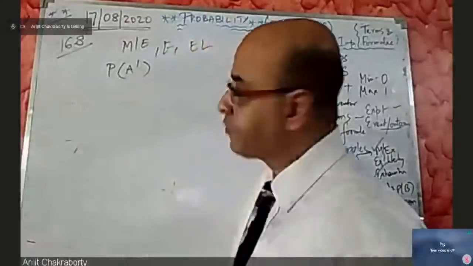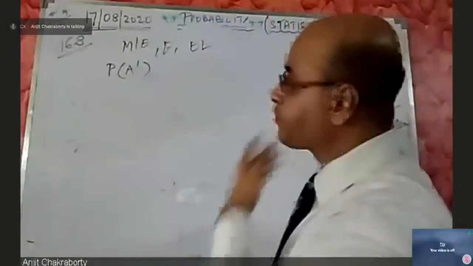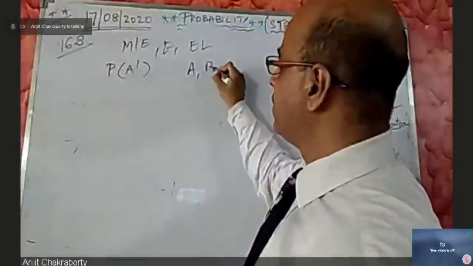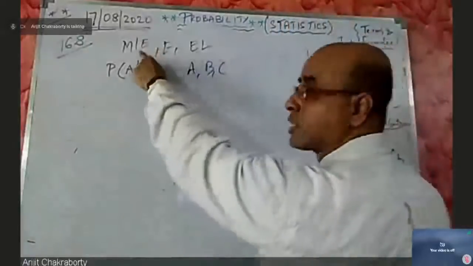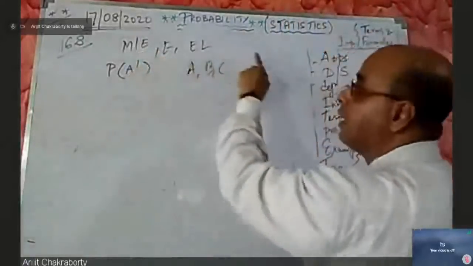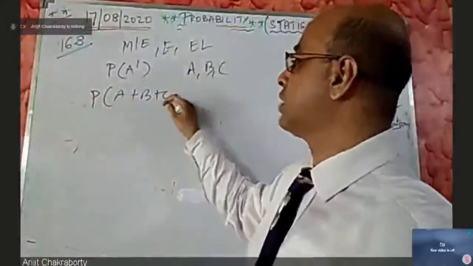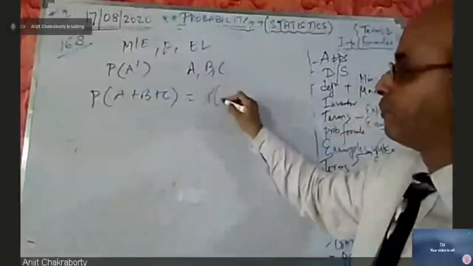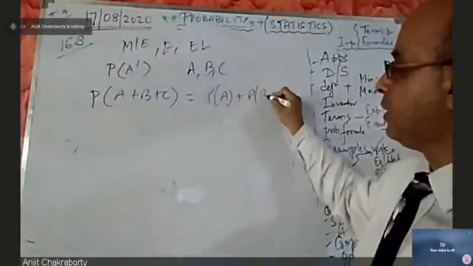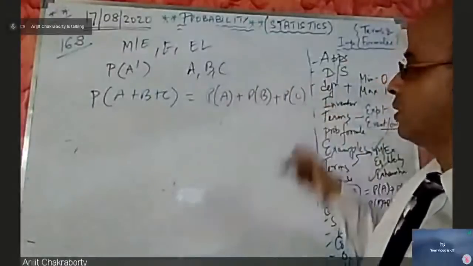First of all, A, B and C, 3 events. They are mutually exclusive, equally likely, and they are exhaustive. So I can say that P(A plus B plus C) is nothing but P(A) plus P(B) plus P(C).